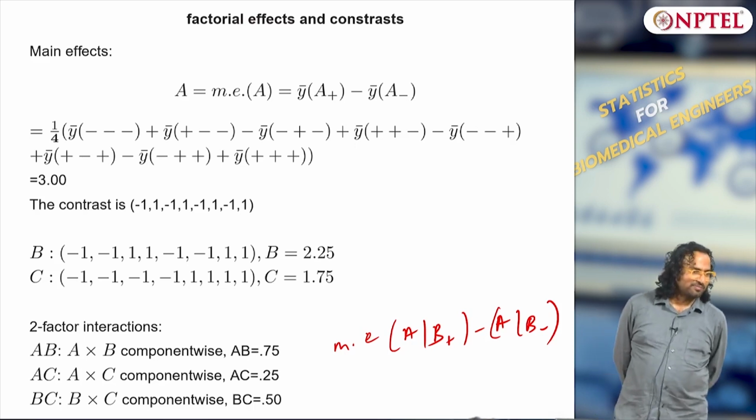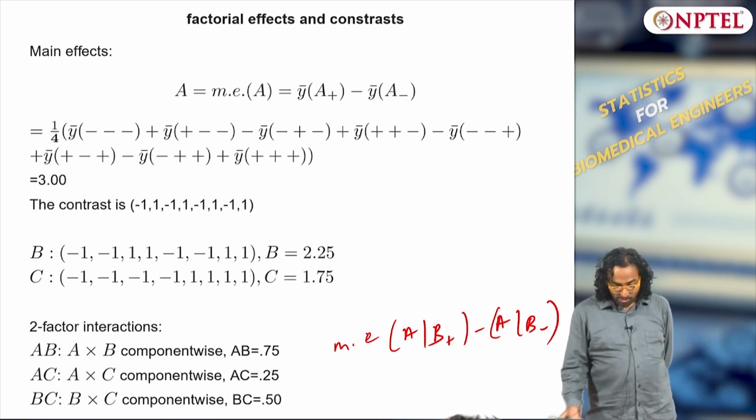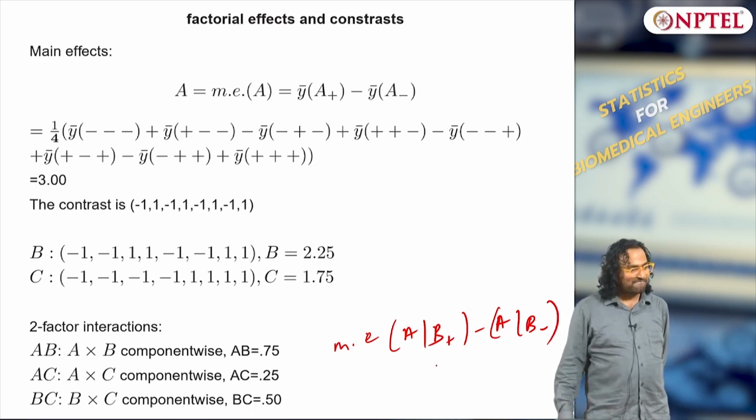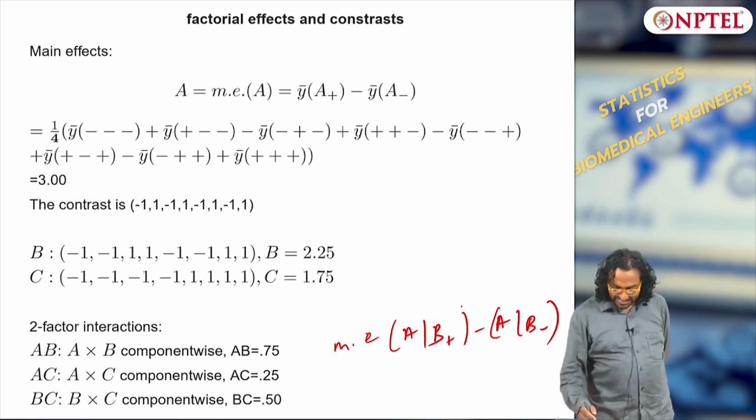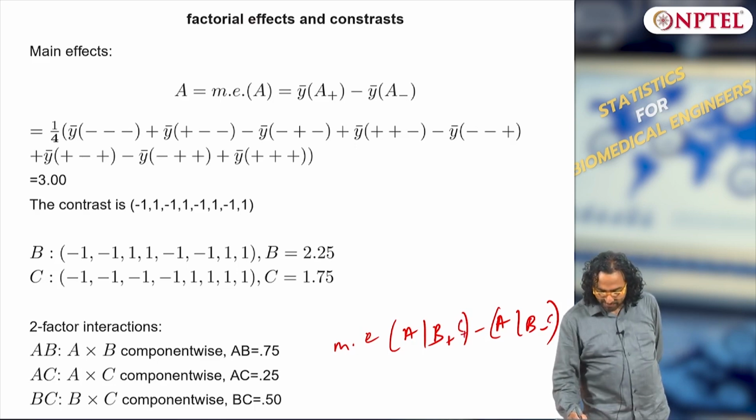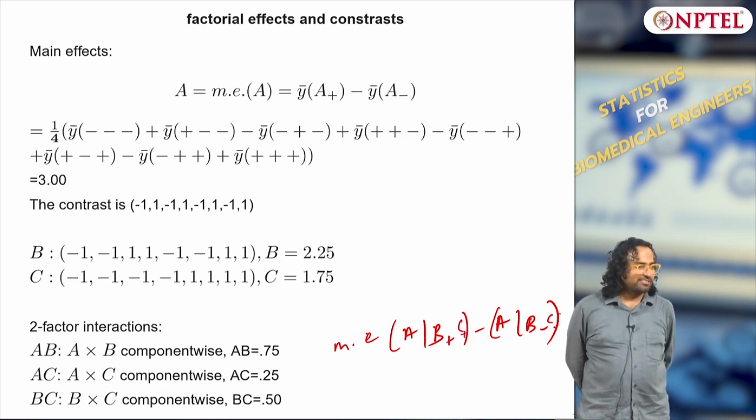What is the condition? Then you have one more conditional probability. Is it A given B plus and C plus, minus A given B minus and C minus?